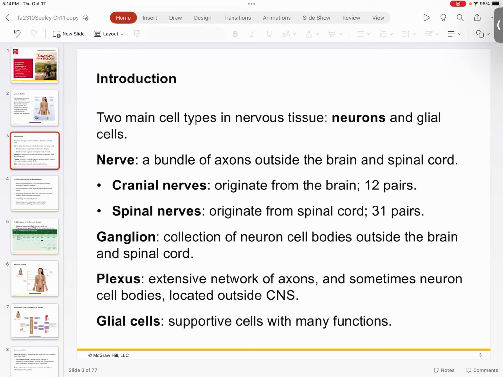Now, let's look at some terminology. The idea of a nerve is effectively just a bundle of axons. That's pretty much what a nerve is. Generally speaking, it's outside the brain and the spinal cord, so it's more peripheral in nature.